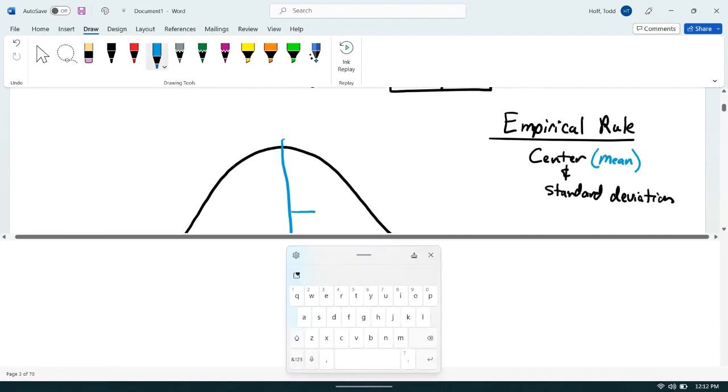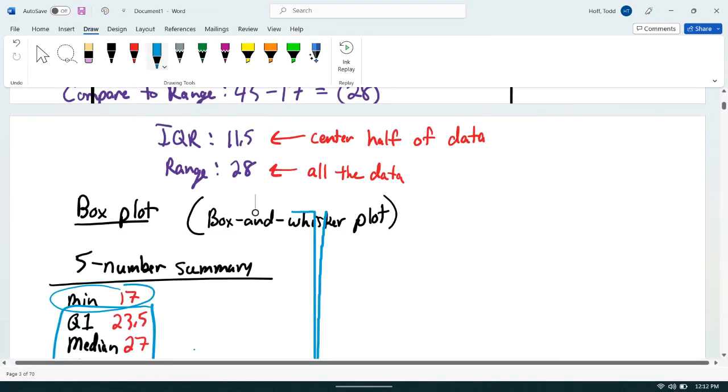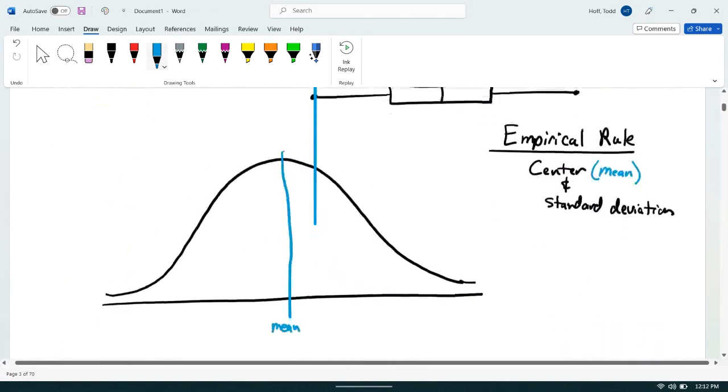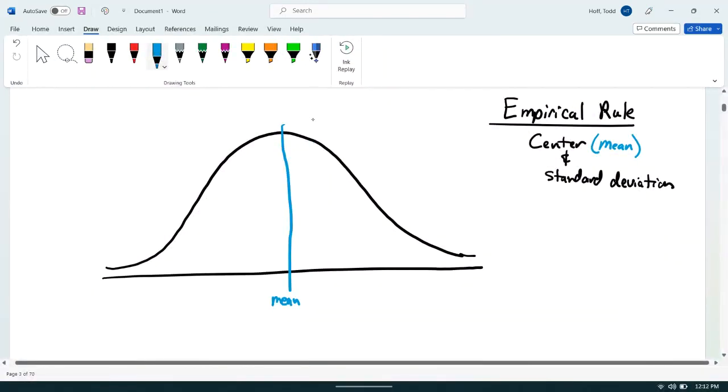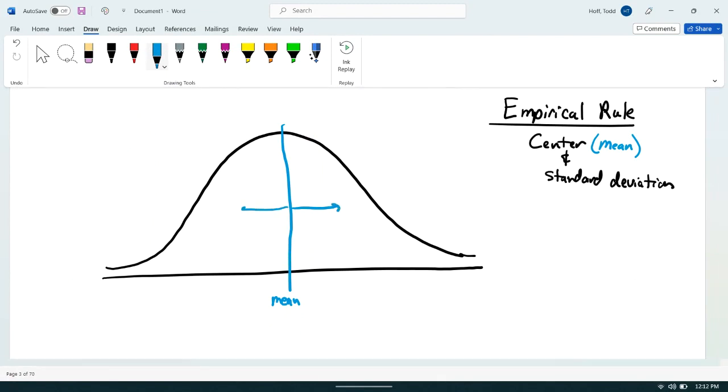So let's go out 1 standard deviation here. And 1 standard deviation here. So this would be plus 1 standard deviation. It's the mean plus 1 standard deviation. This would be minus 1 standard deviation.